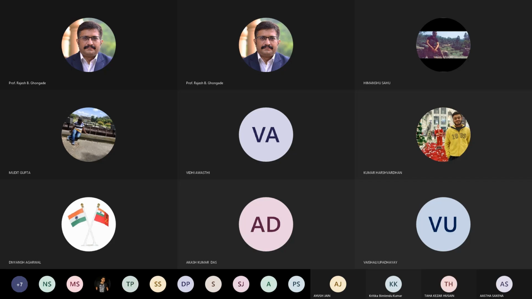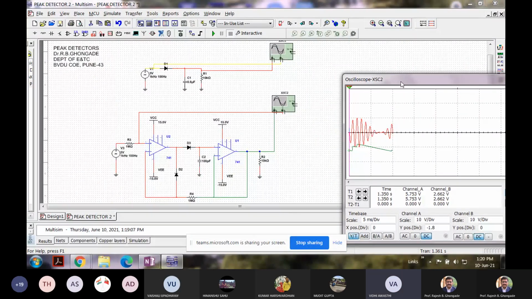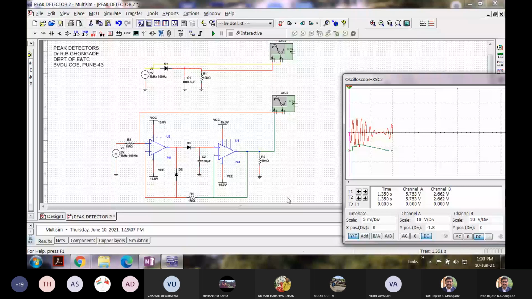Okay, are you able to see the Multisim screen? Yes, sir. Okay, so this is a peak detector. I'll start with the peak detector.